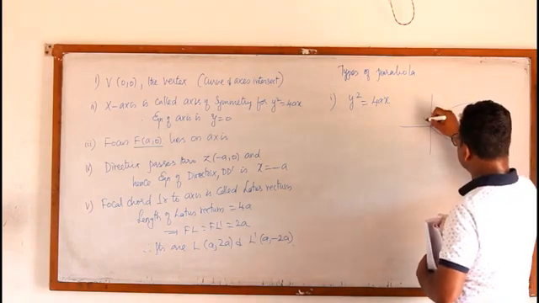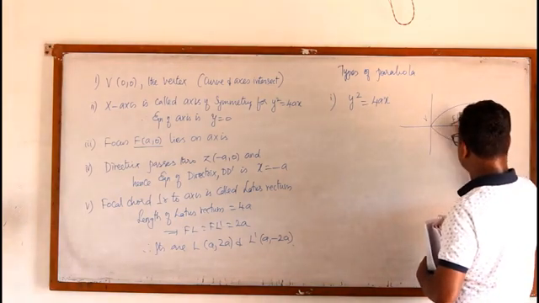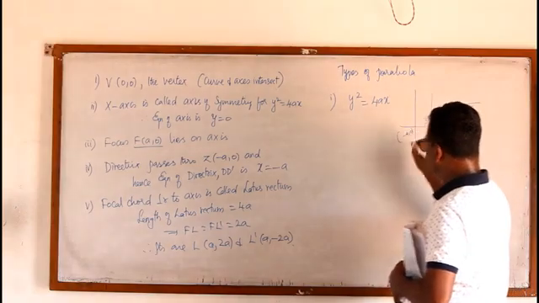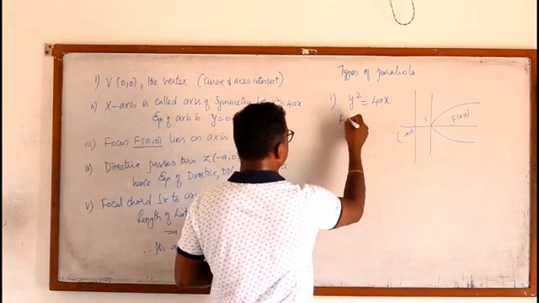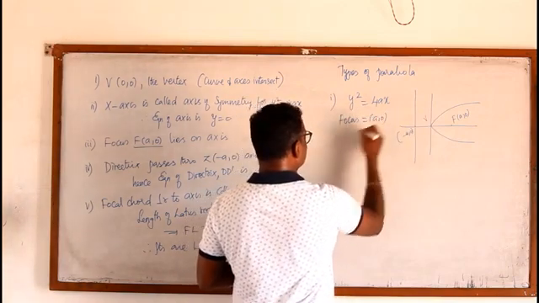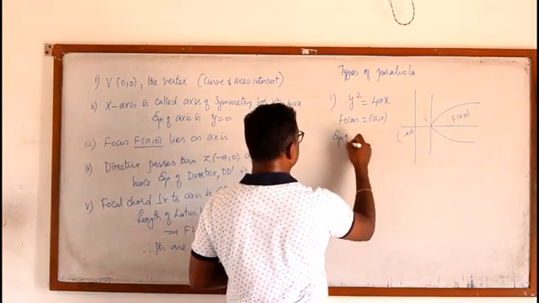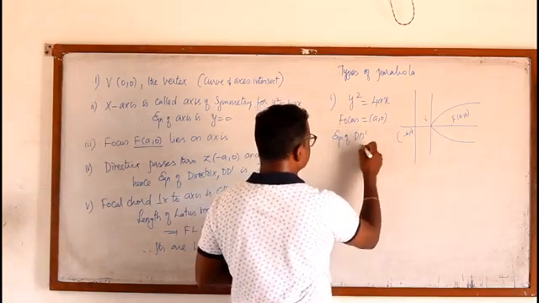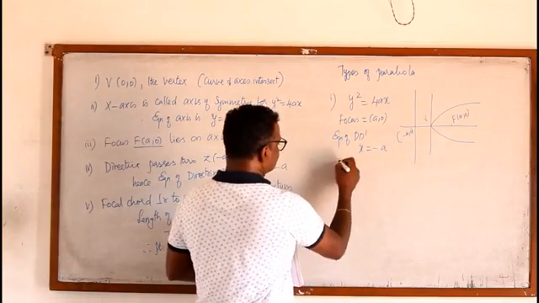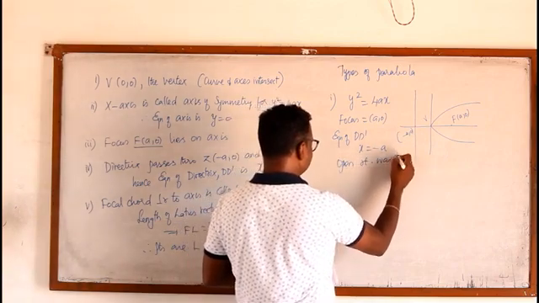This point is the vertex, this one is the focus, a comma 0, and we have the directrix here at minus a comma 0. So we shall write only these three. Focus is a comma 0 and equation of directrix is x equal to minus a. Now this curve is open rightward.